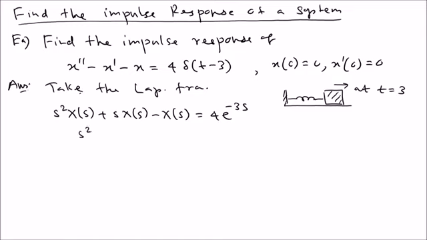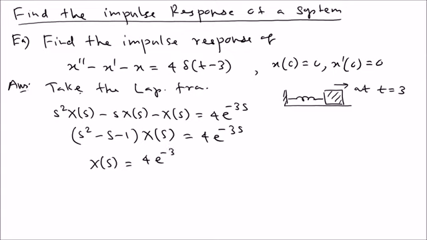So here we have s squared minus s minus 1 times X of s equals 4e to the negative 3s.